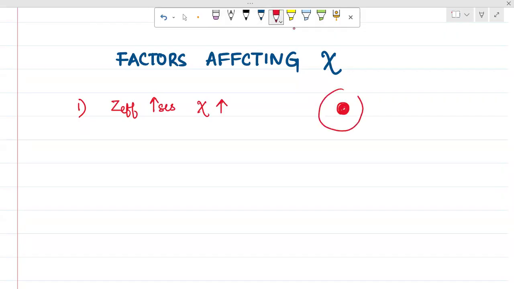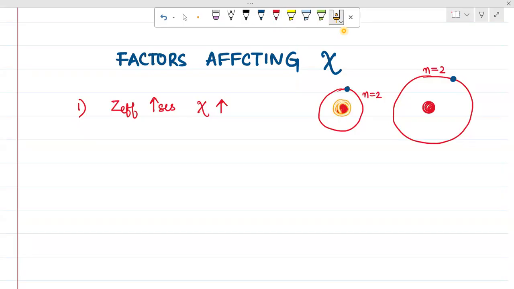This is system 1. And let's say you have another nucleus in the same period, and this is system 2. If you place an electron over here and an electron over here, in the same shell, n equal to 2, there are two different sizes. Why would that be? It is because of the strength of the nucleus. In the first case, the nucleus is strong enough to pull the electrons towards itself, and hence the size of the atom is very small.